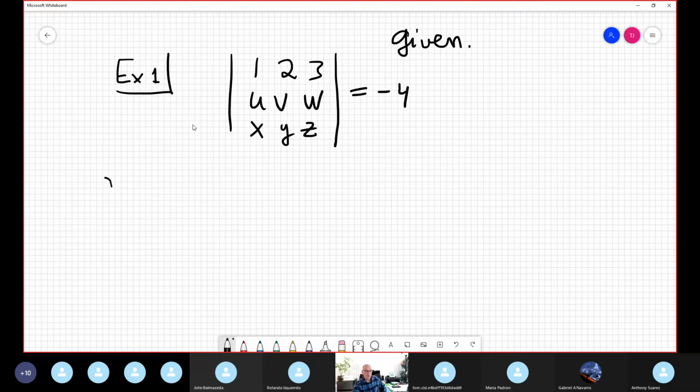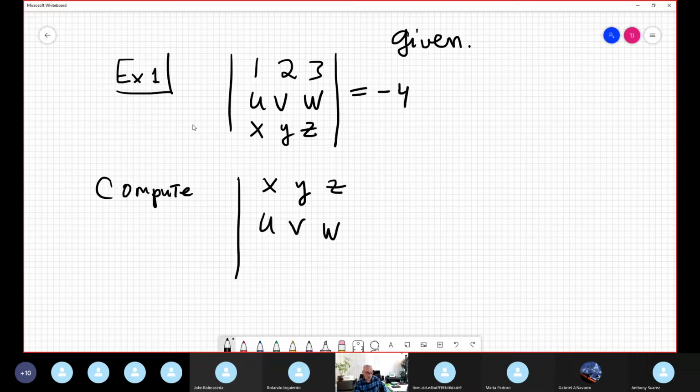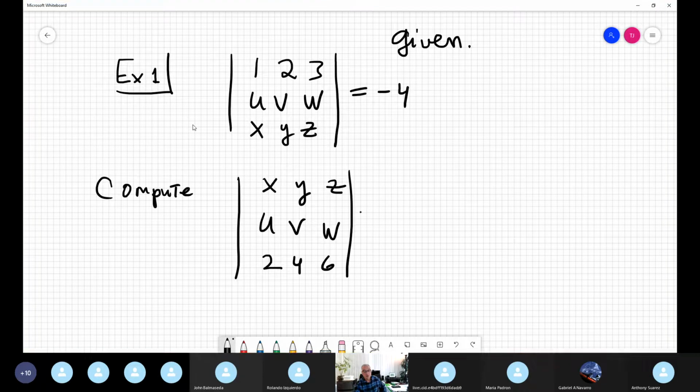I want to compute this one, which looks similar, no? It is X, Y, Z, U, V, W, and 2, 4, and 6. Question mark.